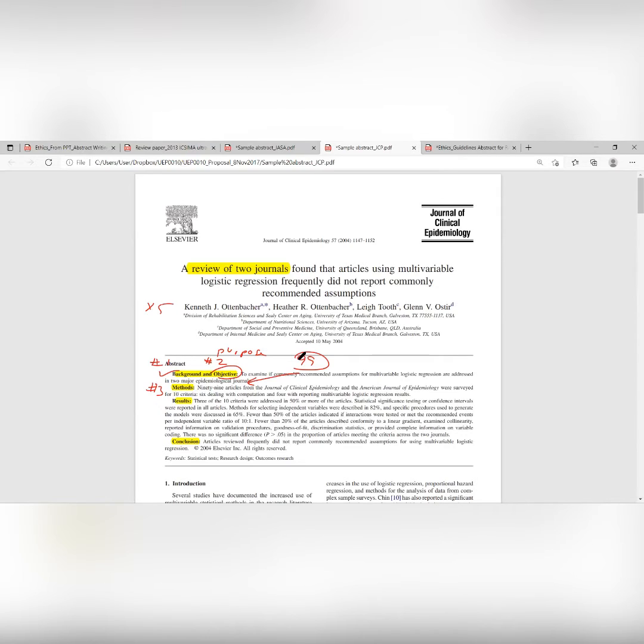So the result, they define the result here: from 99 articles, how the journals were using multivariable logistic regression, and how they used the multivariable logistic regression but didn't report the recommended assumptions.